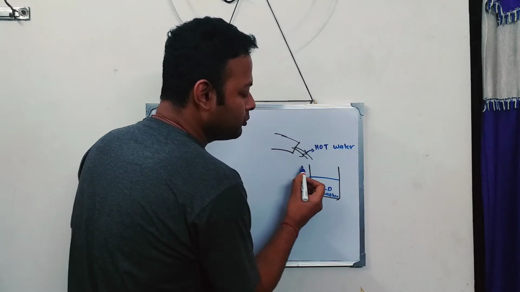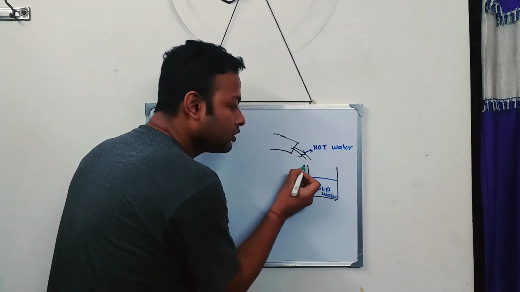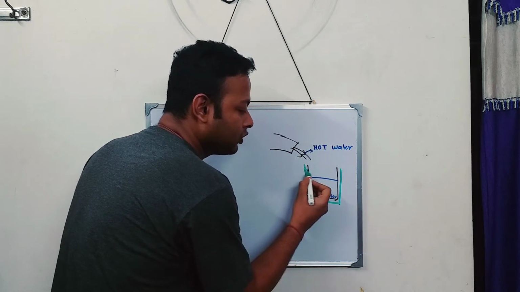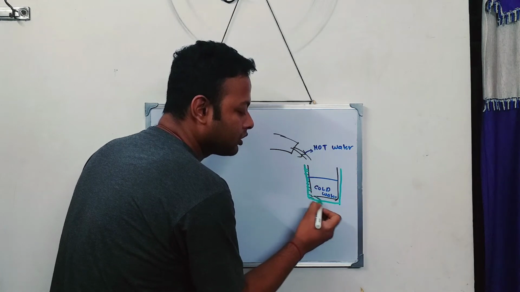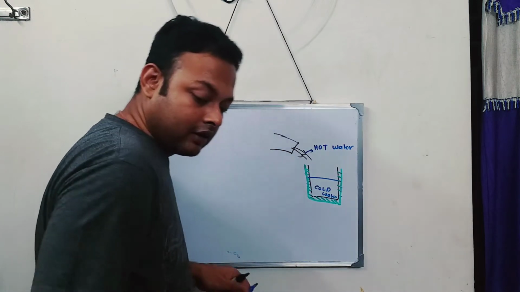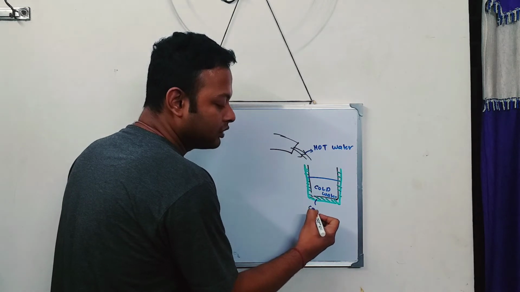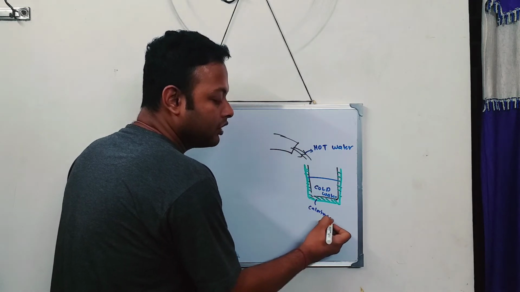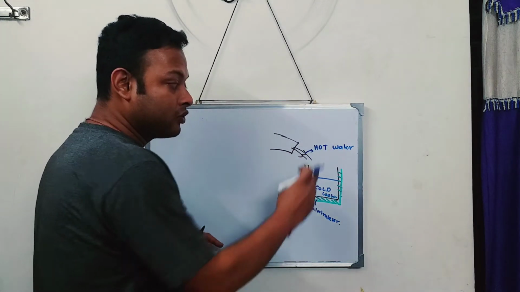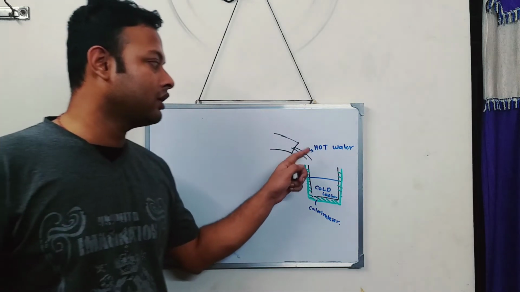And what is the calorimeter? This itself is the calorimeter. Now we have to also consider the fact that this calorimeter also consumes some amount of heat from this hot water. So you have to think, the hot water has the heat.